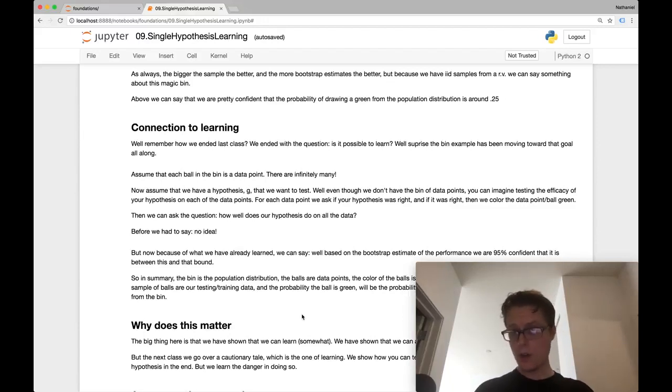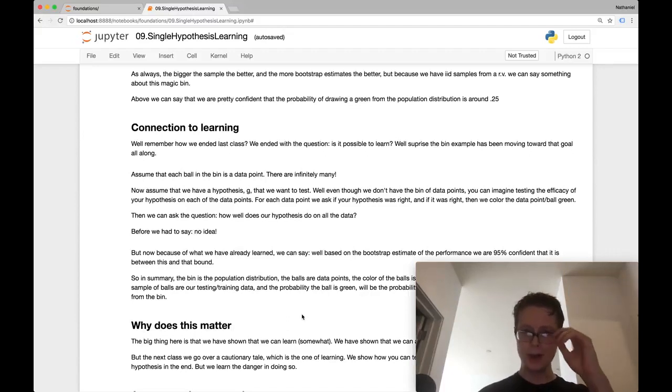So in this case, there would be a lot of times where it would be wrong, and maybe sometimes where it would be right. So remember, each ball was a data point in our example. I'm going to say that each green ball in our ball bin example was a situation where our hypothesis, the one that we thought really hard about and came up with, would be correct. Each red ball was one where it would be incorrect.